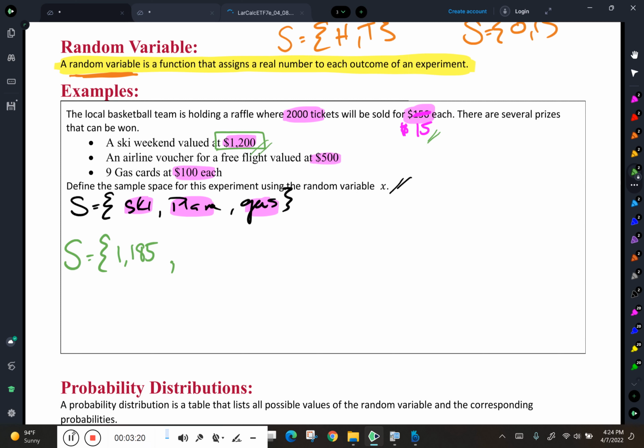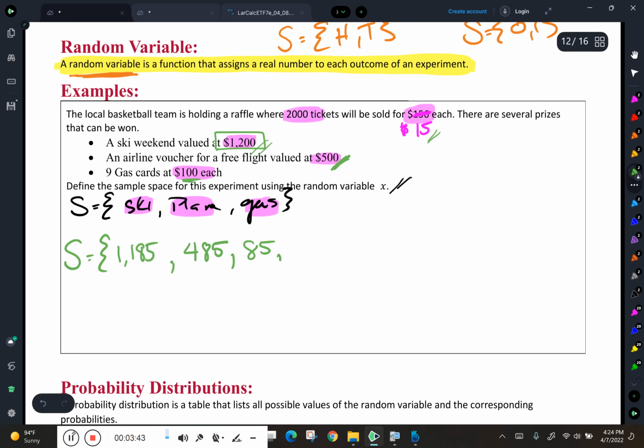I won the $1,200 minus the money I paid to play that game. In this case, $1,185. Okay. If I win the airline voucher, technically it's worth $500, so then the numerical value would be $485. Right. The third outcome is I could get a gas card, but those are really only worth $85 to me.